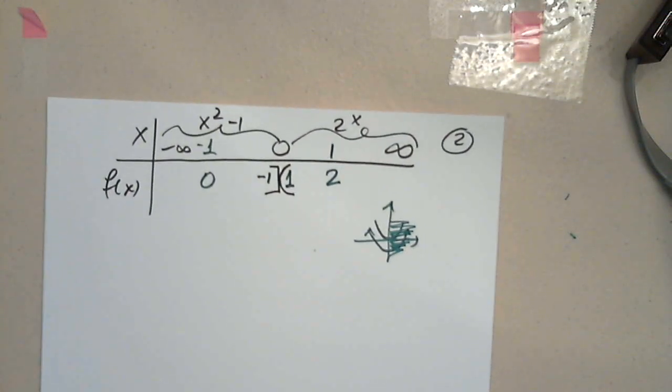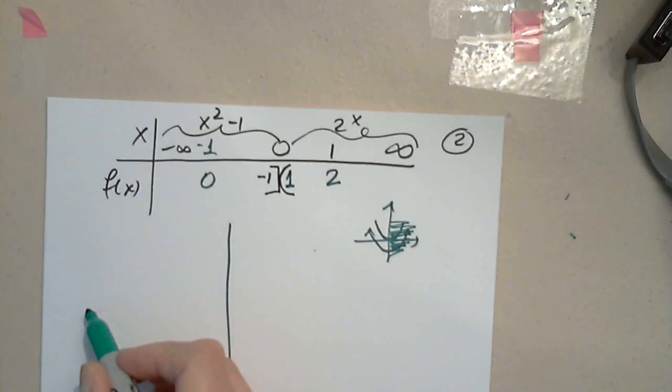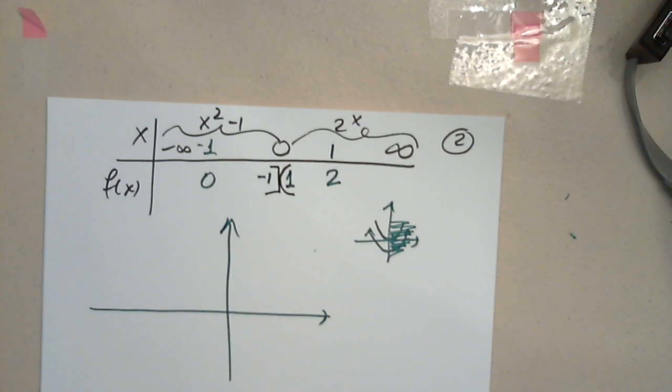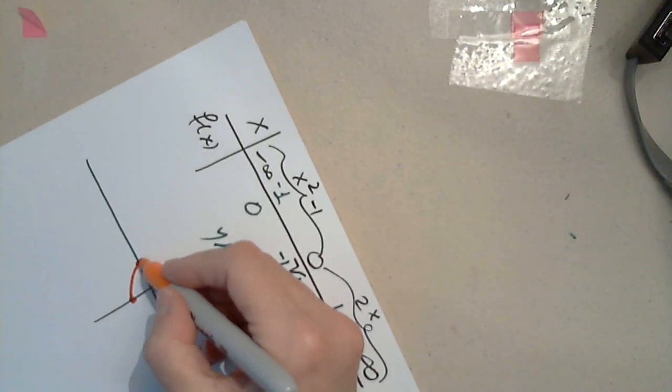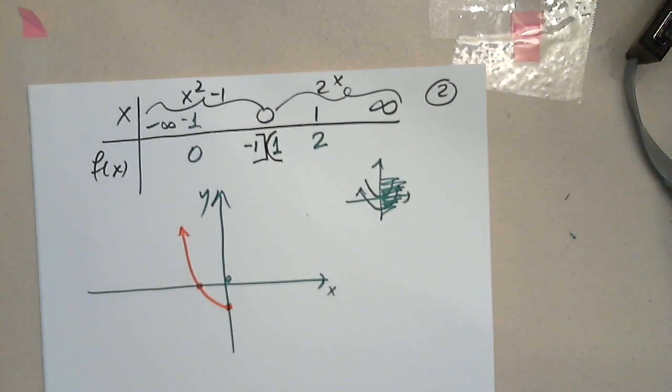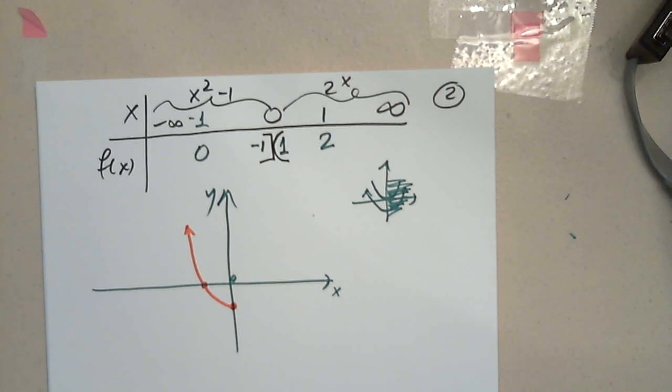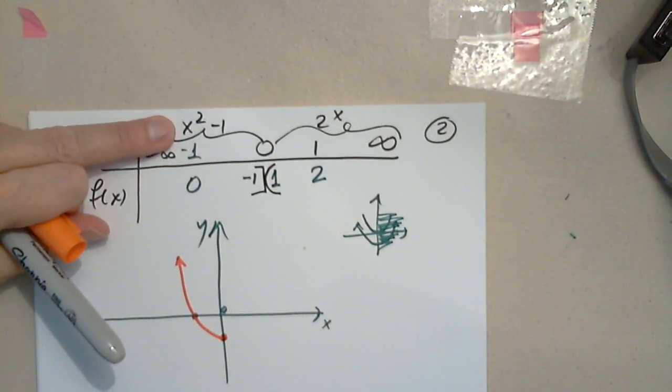So now let's graph the function. On the left-hand side, at negative 1 it is 0, and at 0 it is negative 1, and they are both solid points. It's a quadratic function having a minimum, since the leading coefficient is positive 1.